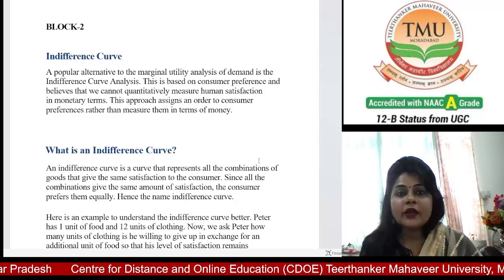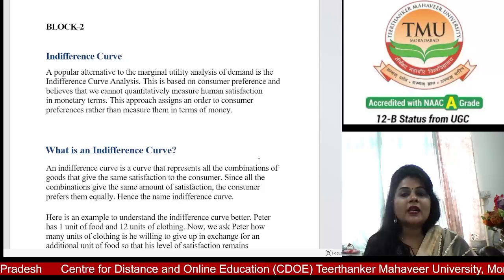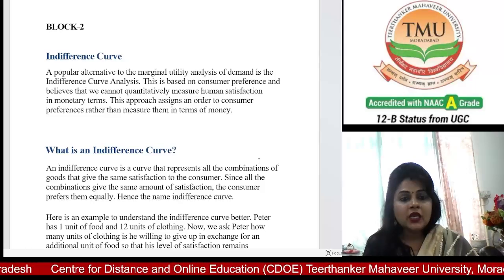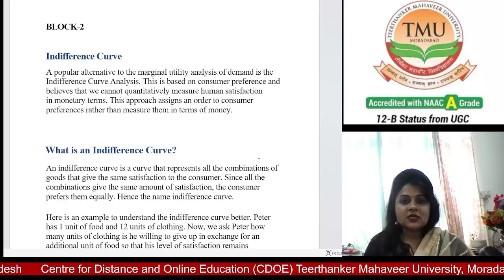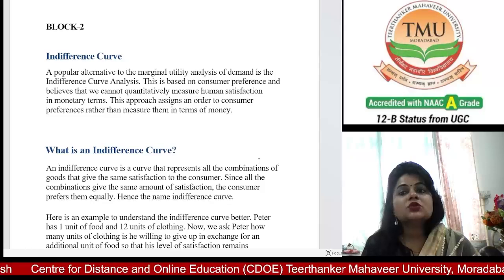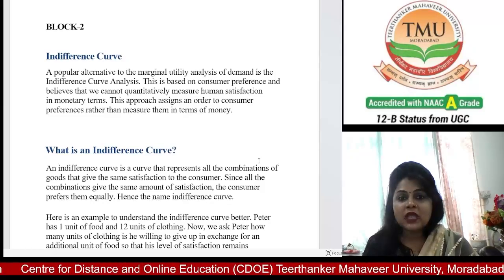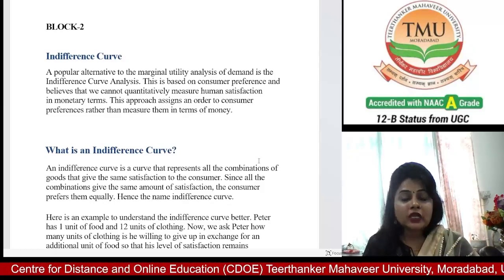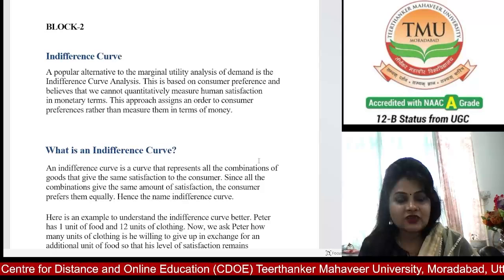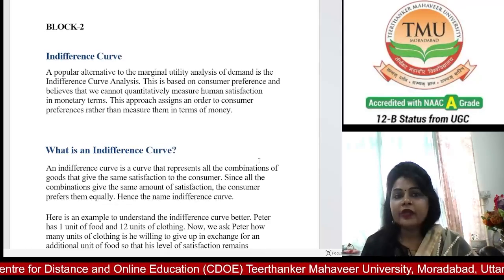A popular alternative to the marginal utility analysis of demand is the indifference curve analysis. This is based on consumer preference and believes that we can't quantitatively measure human satisfaction in monetary terms.